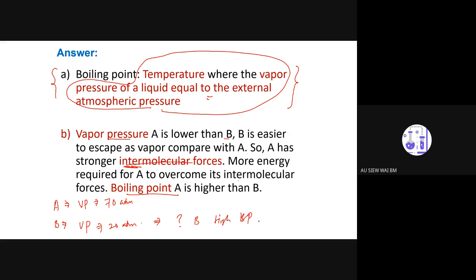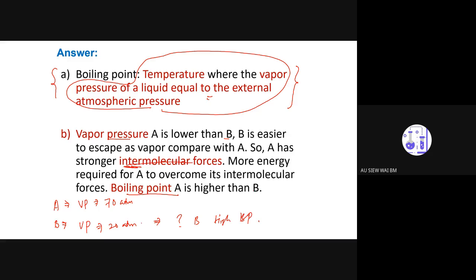So more energy is required for B to overcome the intermolecular forces. So the temperature for B where the vapor pressure for B is equal to the external atmospheric pressure is higher. So the boiling point for B is higher.